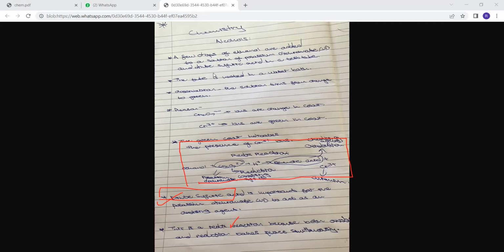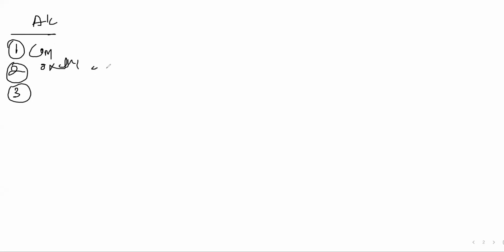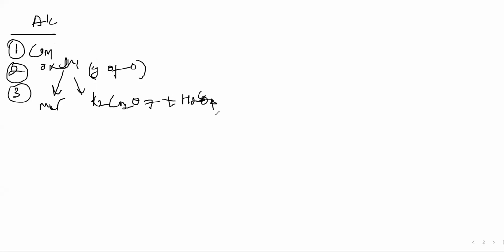Okay, so quickly we'll revise it again. Alcohols can undergo two types of reaction: combustion, and oxidation. Oxidation means gain of oxygen here. This can happen with the help of microbes, or in the lab we can do it using potassium dichromate with dilute sulfuric acid.